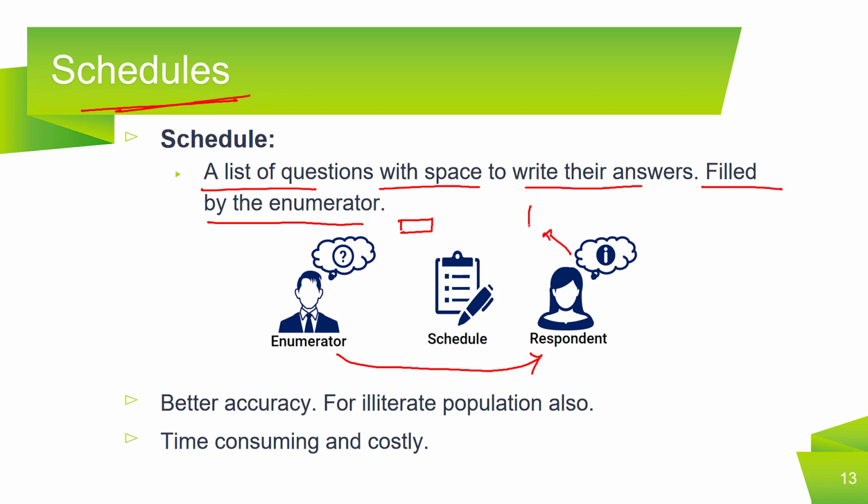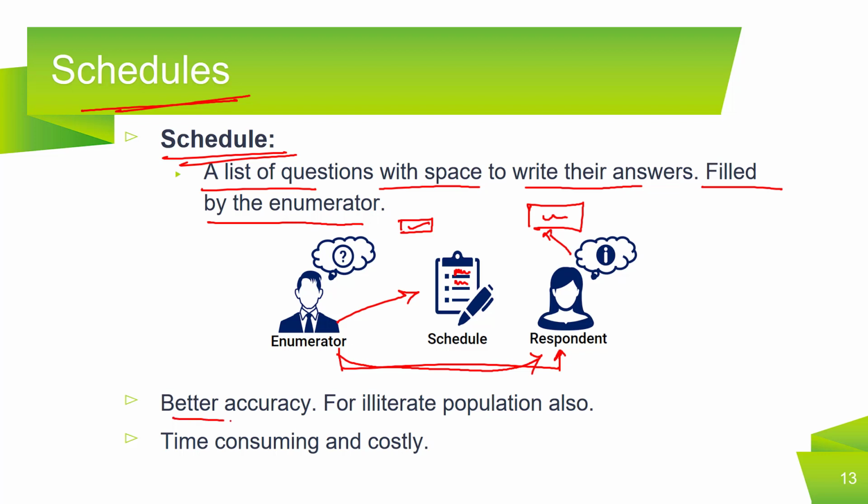The respondent will provide the answer. The enumerator will write down the answer in this list of questions. That's the process. That means a direct face-to-face situation where the enumerator goes to the respondent, asks the question, the respondent gives the answer, and the enumerator writes down the answer in his list of questions. That is called the schedule method.